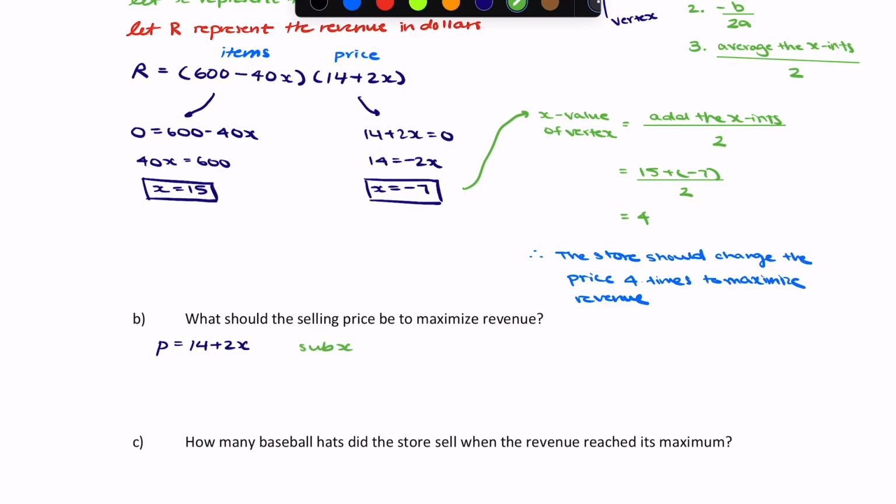So we'll sub x is equal to 4 into the equation. 14 plus 2 times 4, which is equal to 22. And so here we see that, therefore, the price should be $22 to maximize revenue.